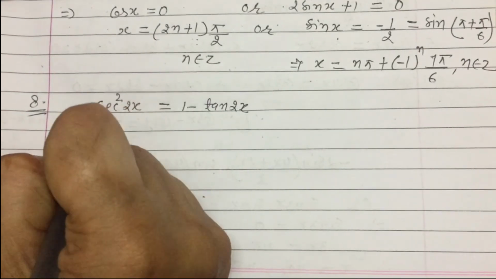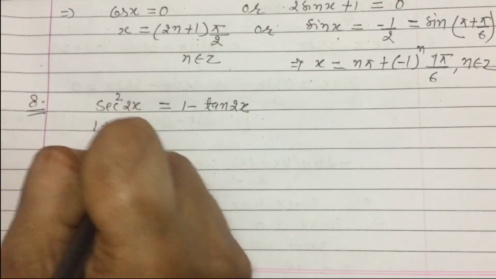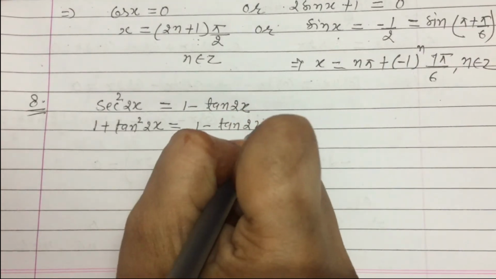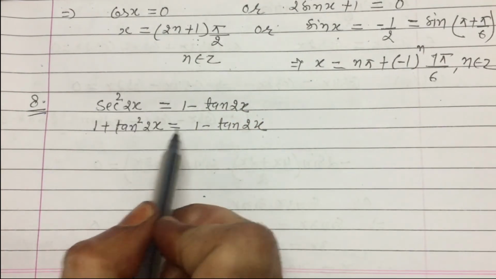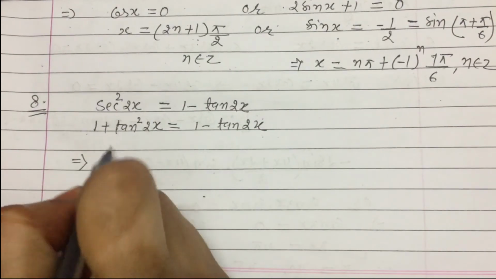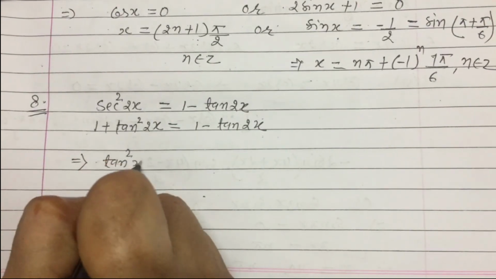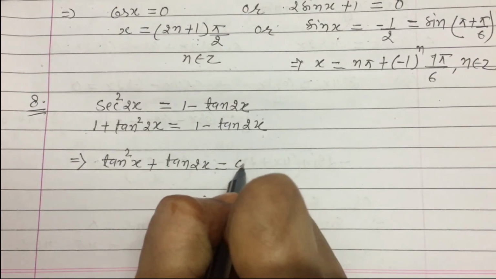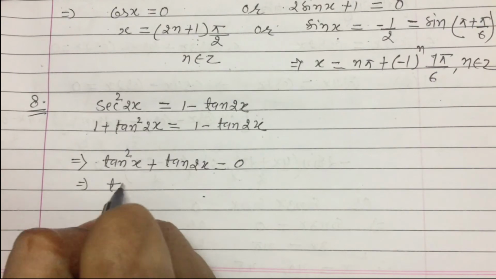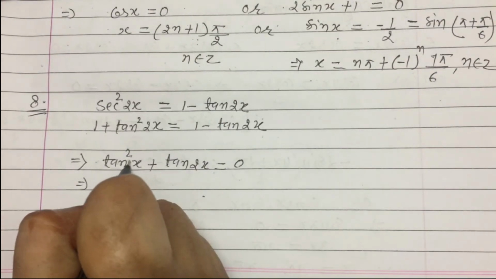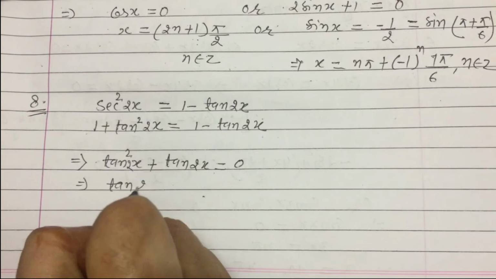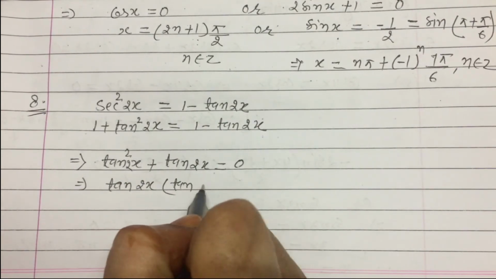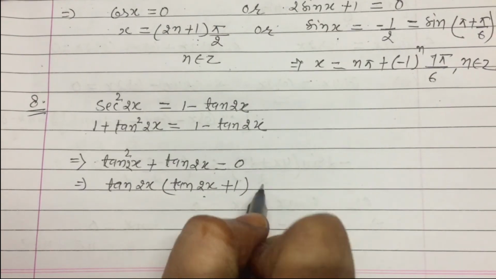So here it is 1 plus tan square 2x, and 1 minus tan 2x as it is. 1 will cancel and you will get tan square 2x plus tan 2x is equal to 0. And now tan 2x take common, here you will get tan 2x (tan 2x plus 1).